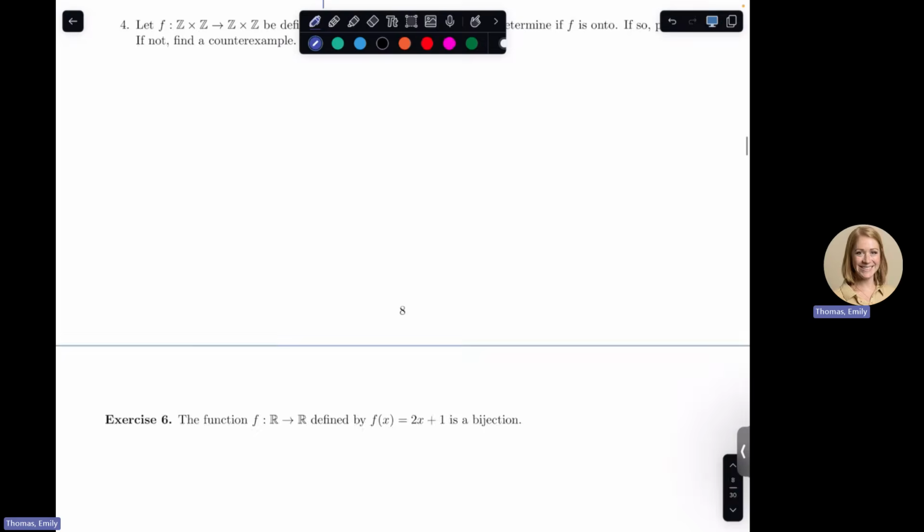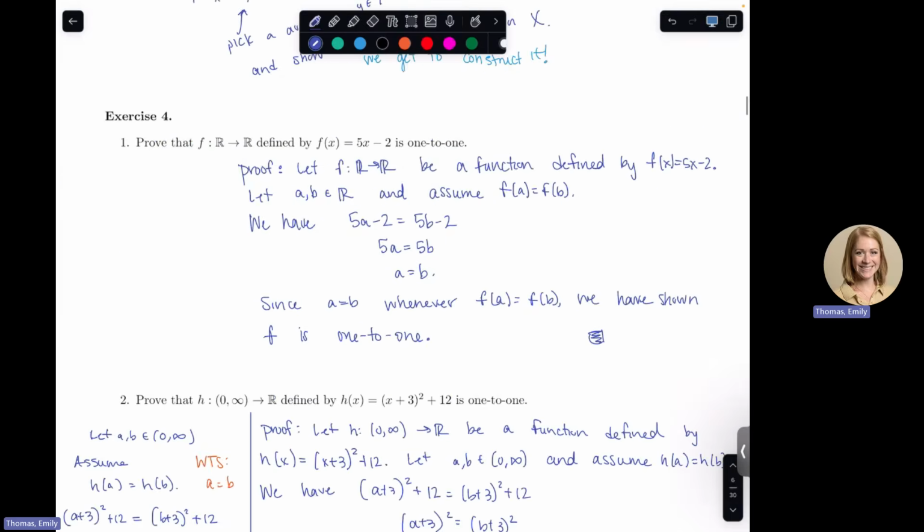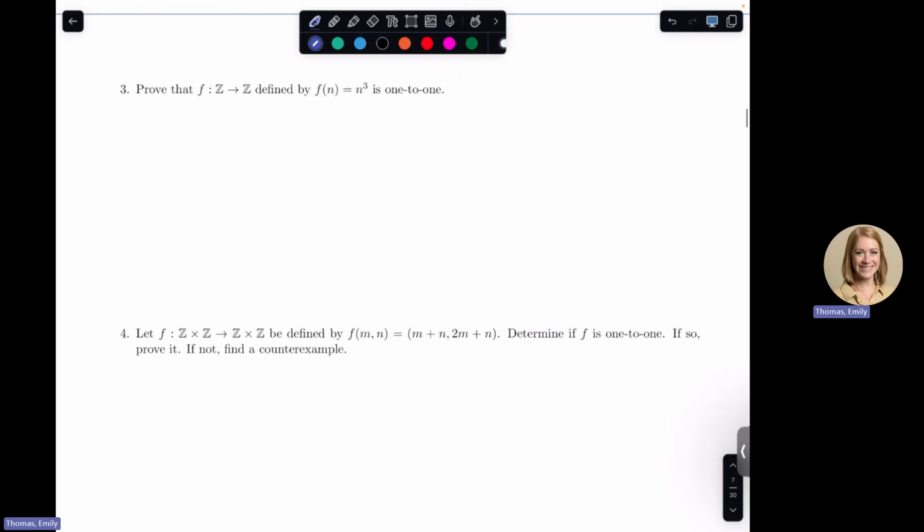What one-to-one proofs did we not write? Shall we go look at any of those? Yeah, let's do number 3. Why did I scoot around in these notes so randomly? I really didn't intend to do that. I'm sorry. f from Z to Z is our function defined by f of n equals n cubed. We want to show that this function is 1-to-1.